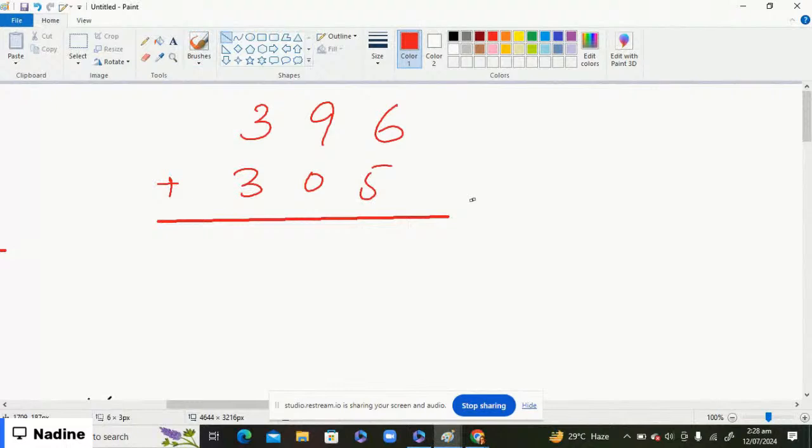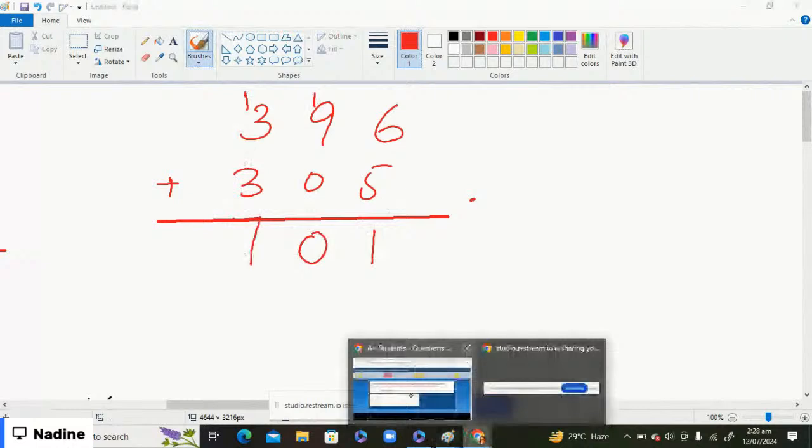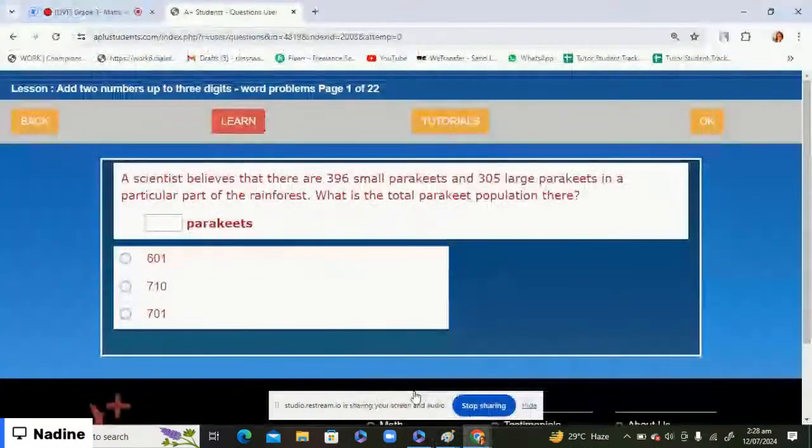So everyone, 6 plus 5 is 11, that is 1 here. 1 goes up. 1 plus 9 is 10, 0 here, 1 up. 1 plus 3 plus 3 is 7, which is 701. Let's check. Good, last option. Okay, good everyone.